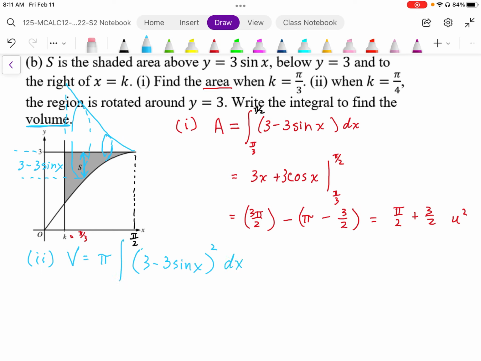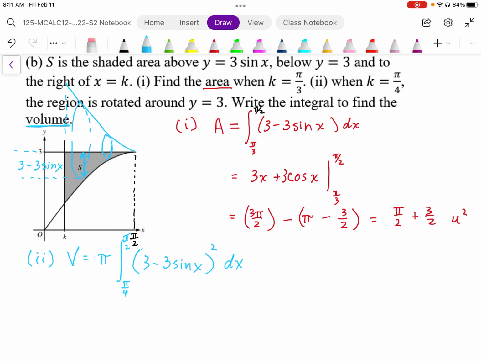And then I'm going to integrate this from, in this case, the k value is different for this problem. So for part 2, k equals pi over 4. So I'm going to start at pi over 4, and I'm still going to end my integration at pi over 2. Okay, so there's my integral.